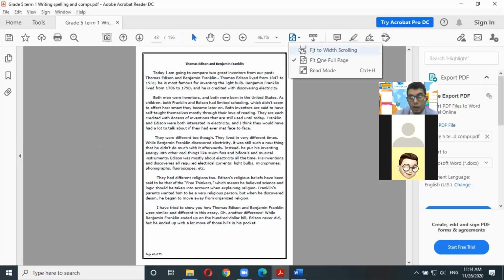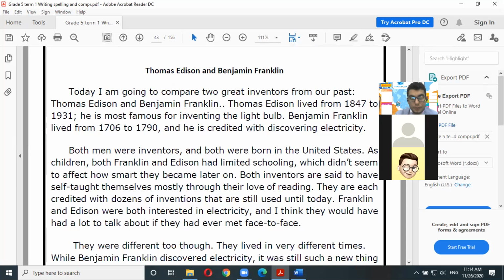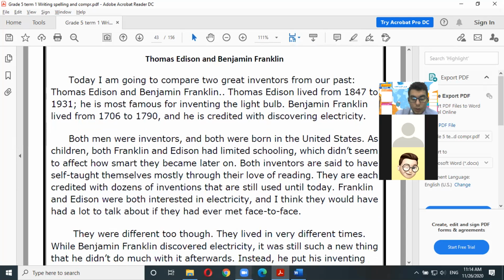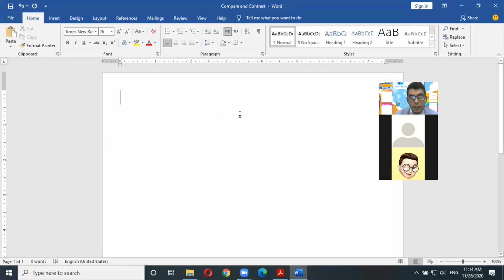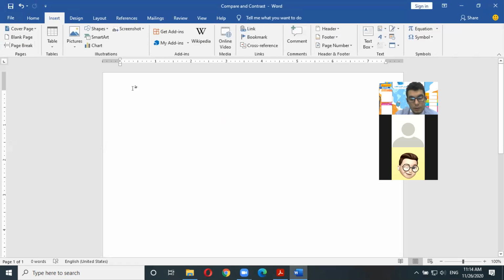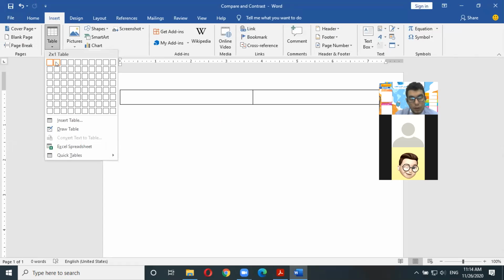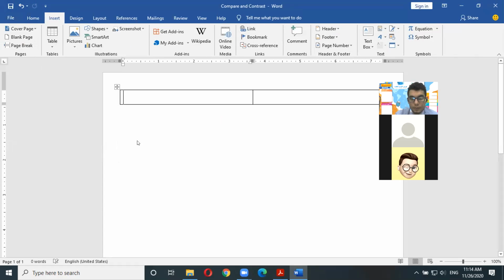Khalid, Walid, now everyone get your Microsoft Word ready. Insert a table. I'm going to teach you computer, math, English, and everything. Insert a table with two cells here.